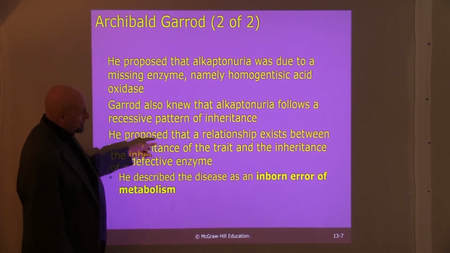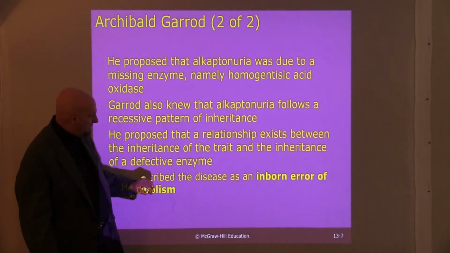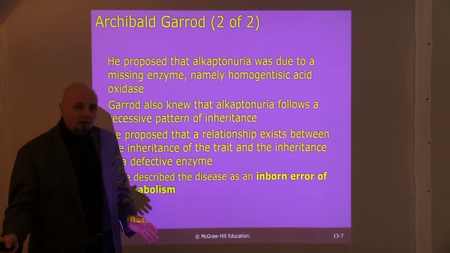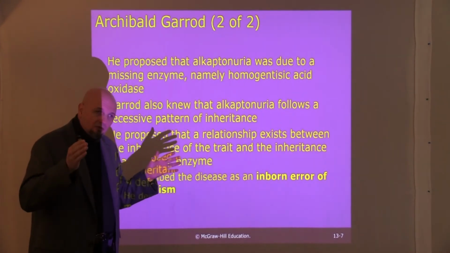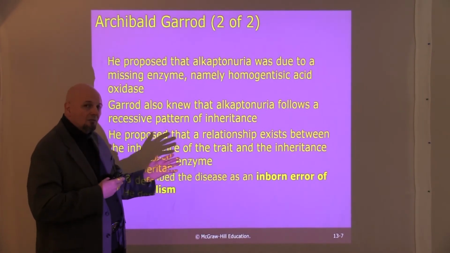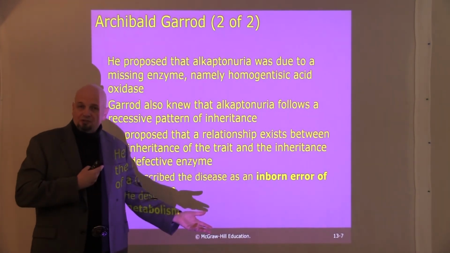He proposed that a relationship exists between the inheritance of the trait and the inheritance of a defective enzyme. Now, we understand that now, but keep in mind, they were just starting to understand what the genetic material was, and there were a lot of arguments going on in this period as to whether it was protein or DNA.